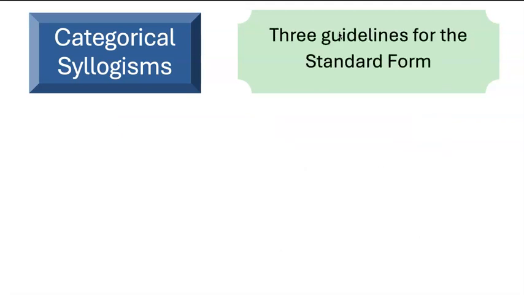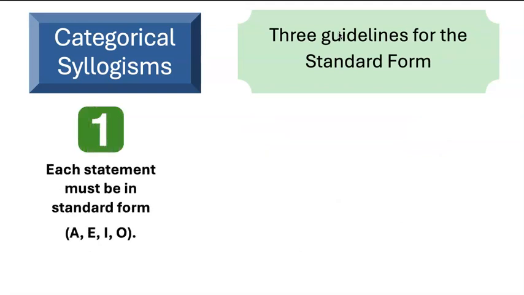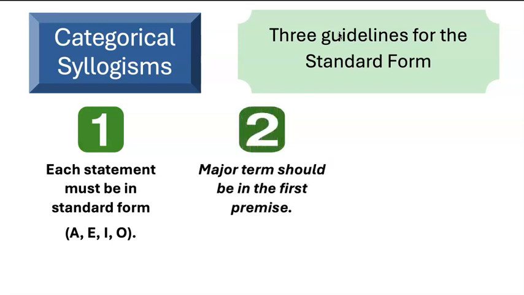Now, three guidelines for the standard form. One, each statement must be in standard form. There must be either an A statement, an E statement, an I statement, or an O statement. Standard form only is allowed. Two, once we identify the major term, it should be in the first premise.